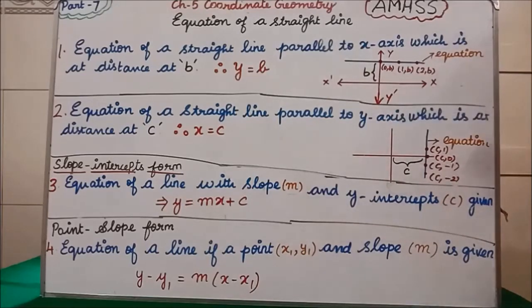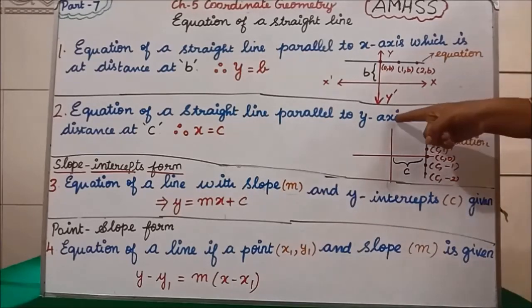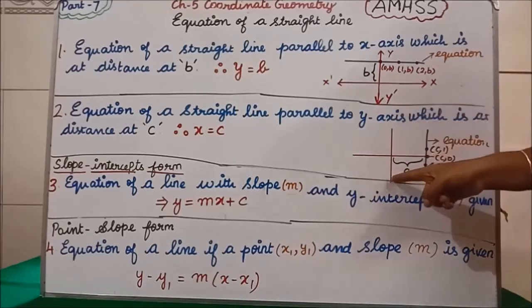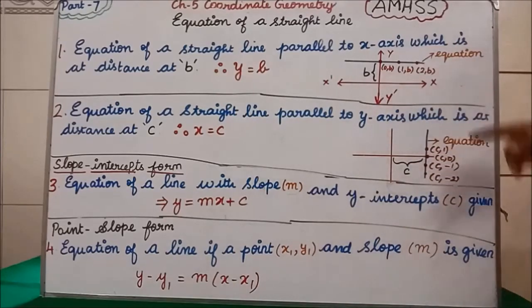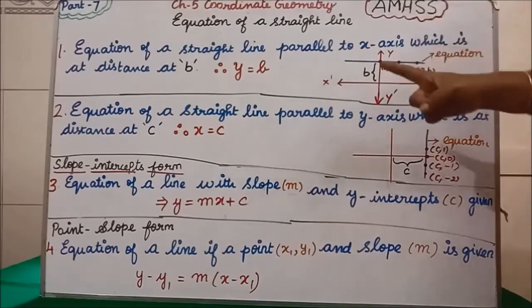Now we'll see the equation of a straight line parallel to the y-axis. We have seen the x-axis; now the same we are going to see for the y-axis. This is our y-axis. For this y-axis I have drawn one parallel line, whose distance is c.